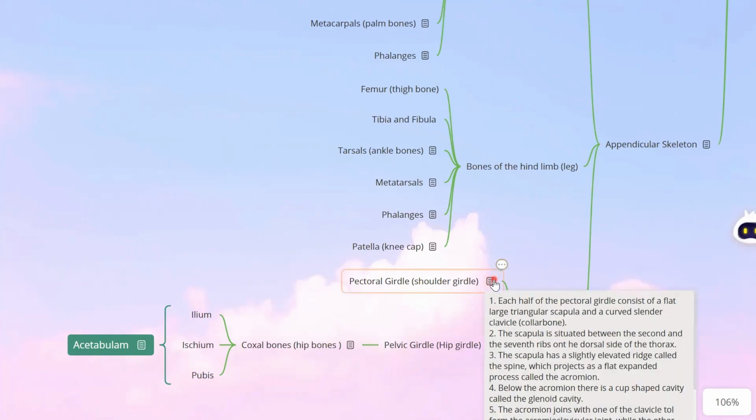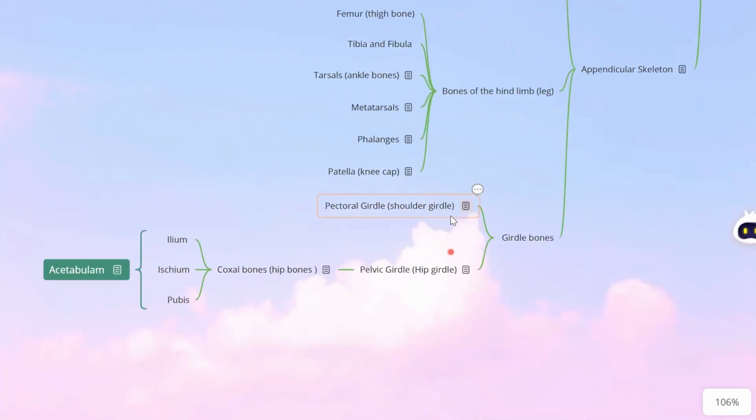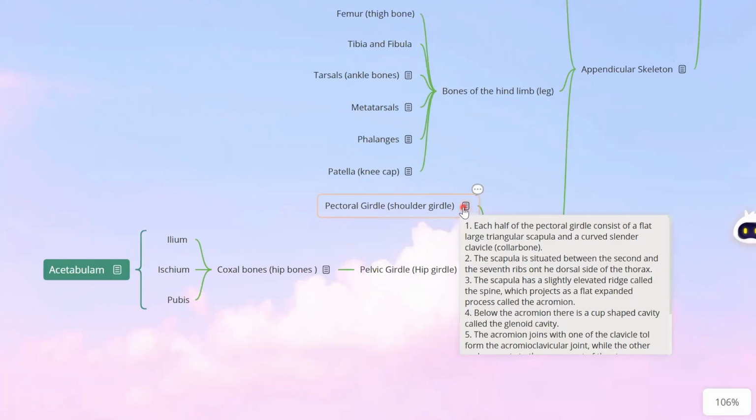Now, the pectoral girdle. Each half of the pectoral girdle consists of a flat, large, triangular scapula and a curved, slender clavicle called the collarbone.